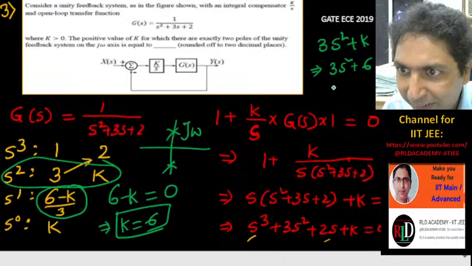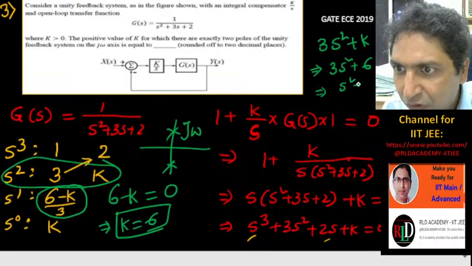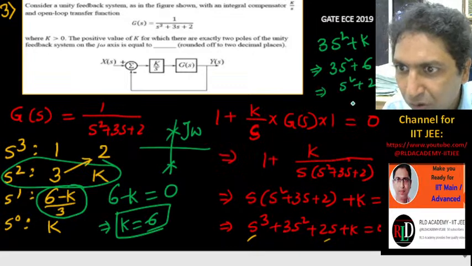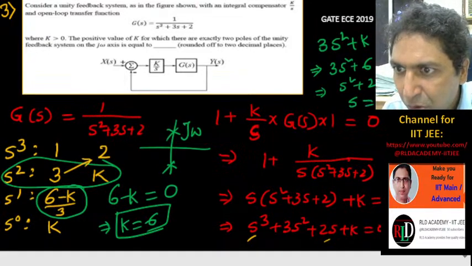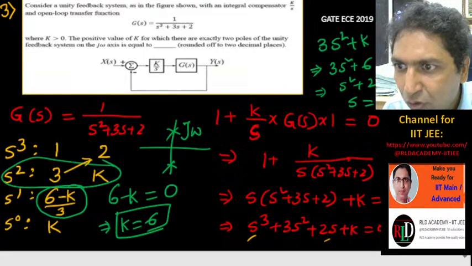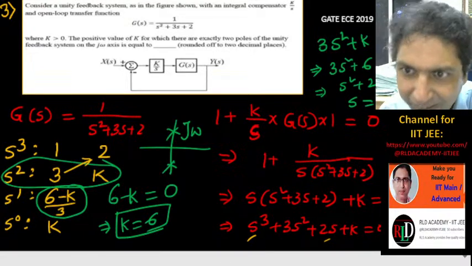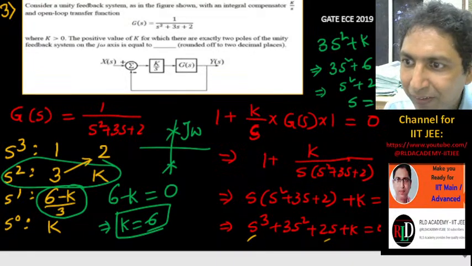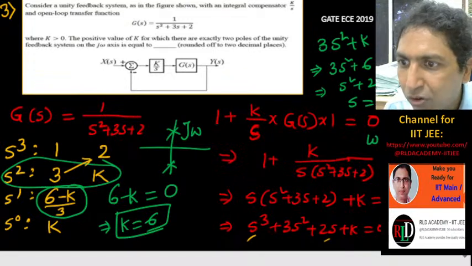Now I can divide by 3, so s square plus 2 equals 0. The solution is s equals plus minus j square root 2. So this omega is square root 2.